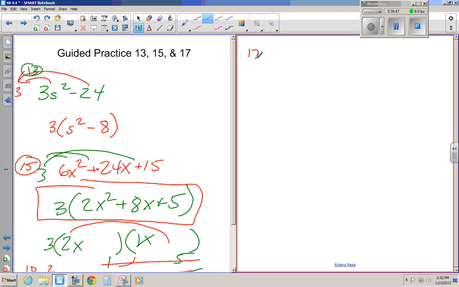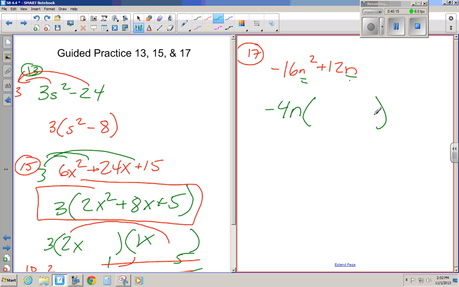Number 17. I'm doing a lot of the guided practices for you. That's why this video is a little bit longer. Number 17, negative 16 n squared plus 12n. Let's see, what do they all have in common? The numbers are divisible by 4, but they also have an n in common. So we're going to take out a negative 4 and an n.